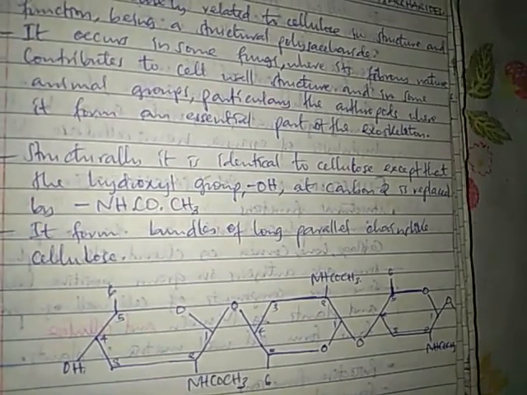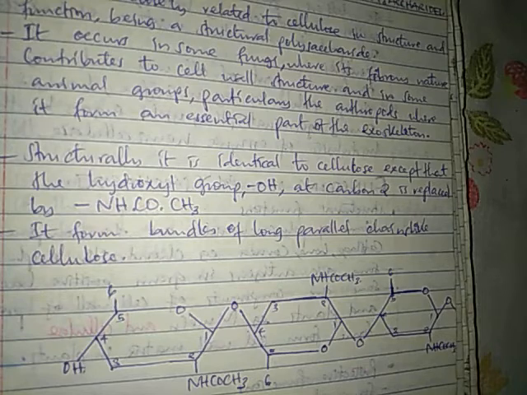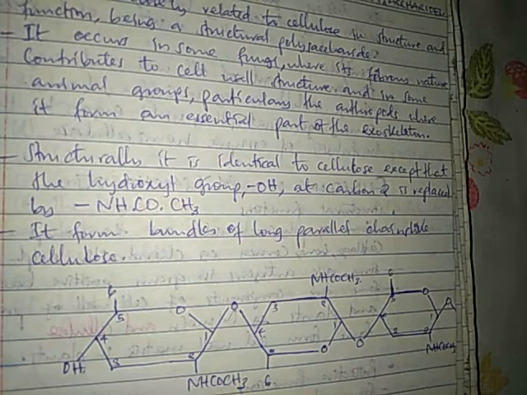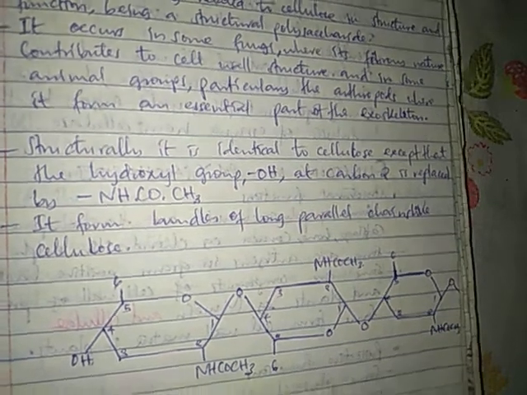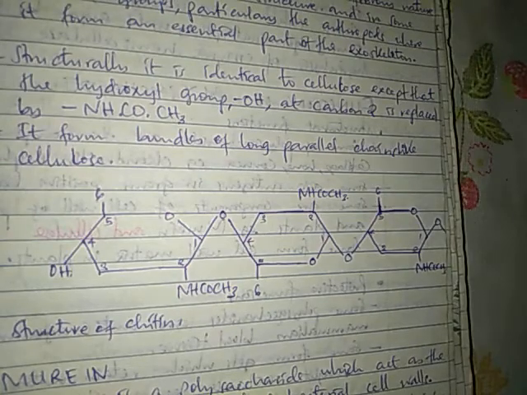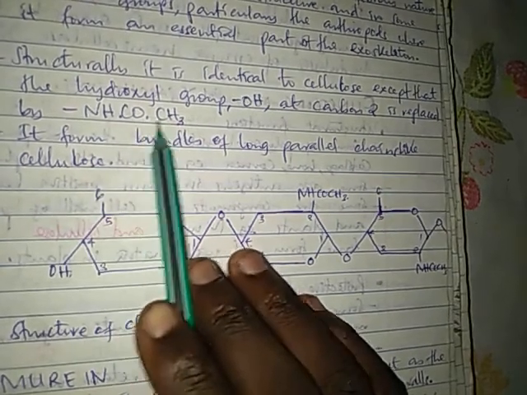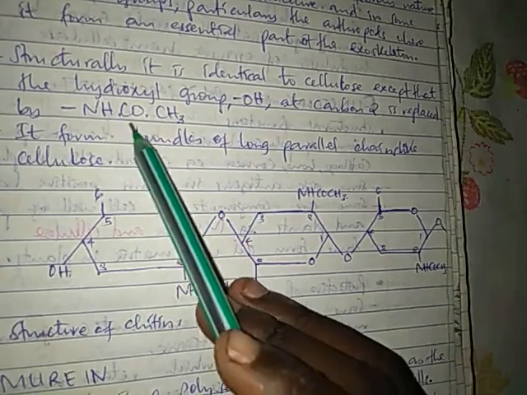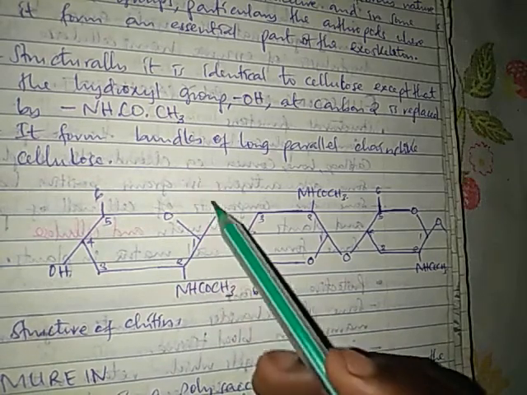Chitin is identical to cellulose, except that the hydroxyl group at carbon atom 2 is replaced by that group. So this group, we may call it the amine, carboxyl, and then methyl. I don't have the exact name of this group, but there is no need of it at this time.